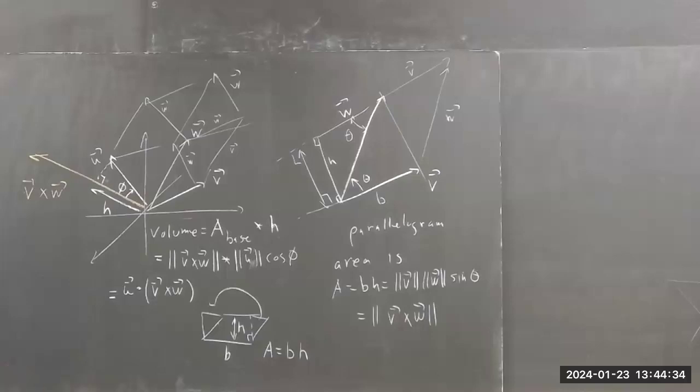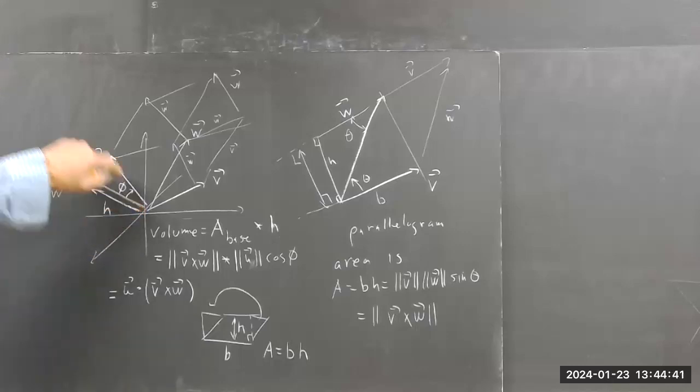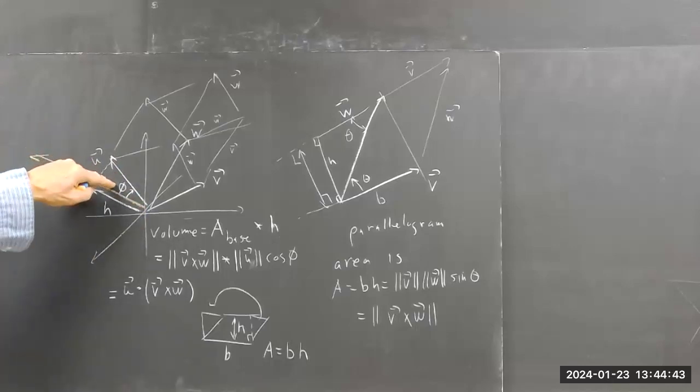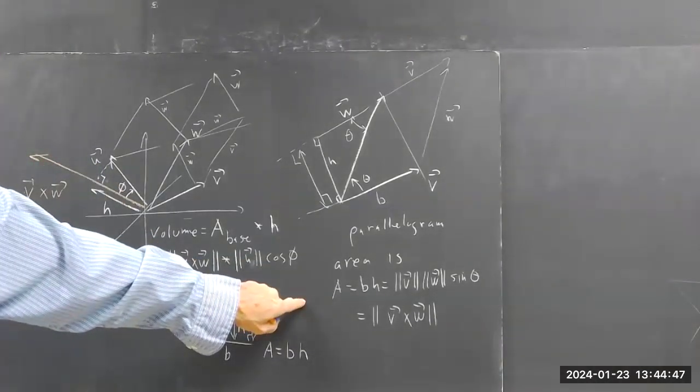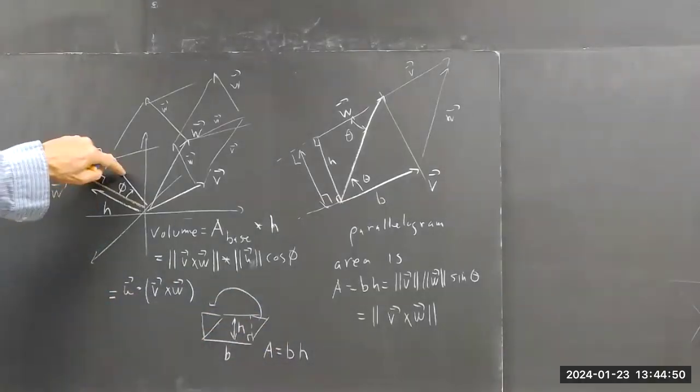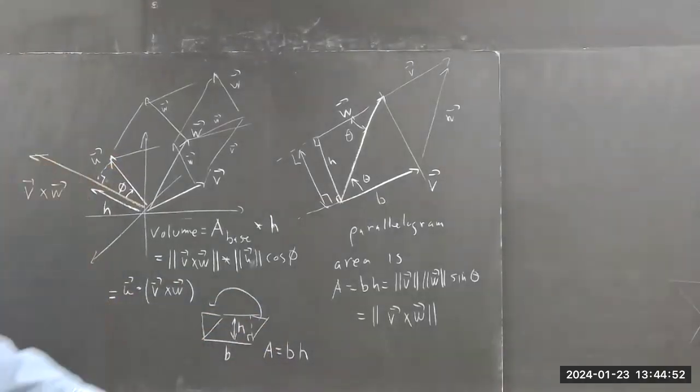Okay. So you take the magnitude of this times the magnitude of this times the cosine of phi. That's what you got here, right? But that's just the dot product of this vector and this vector. Once you understand dot product better, it'll be obvious.